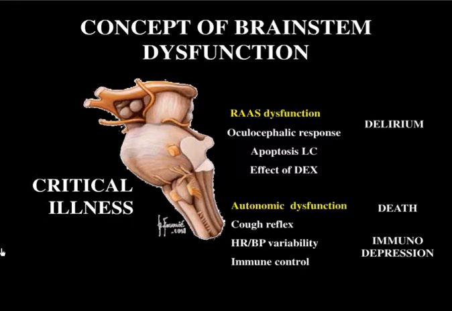And we know that in our septic patients, but also in our critically ill patients, there is an alteration of a sympathetic output or control of the cardiovascular system, which has been assessed by studying the heart rate variability. And we know that there is an alteration also of the sympathetic nervous system or the autonomic nervous system of the immune response. And maybe this explains why we have such a relationship between cough reflex and death.